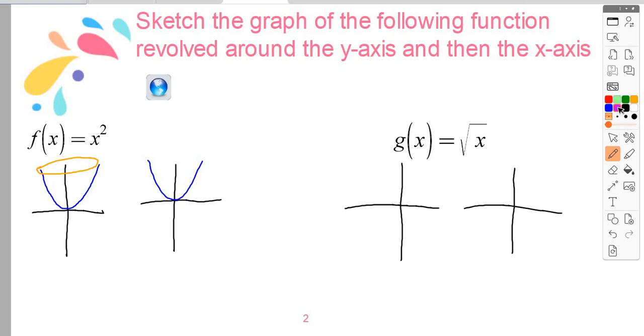So it will be an exact reflection. So the easiest way is to draw in your reflection, and then think about that I am then rotating the rest of that around. So we actually end up with two horn-like shapes, kind of.